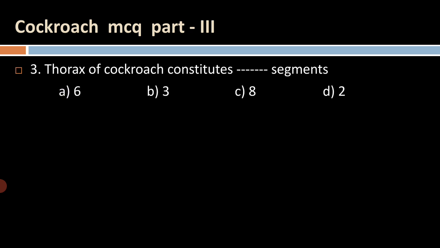Number third, thorax of cockroach constitutes how many segments? A. 6, B. 3, C. 8 and D. 2. So the thorax region constitutes about 3 segments.